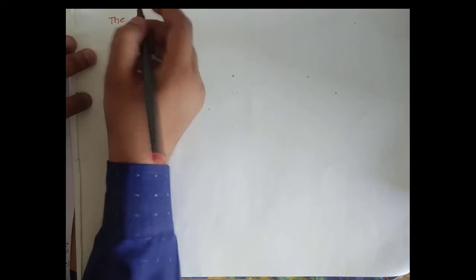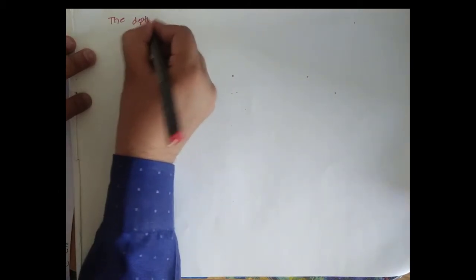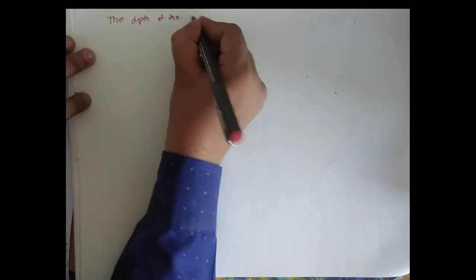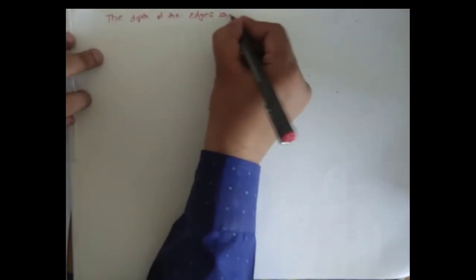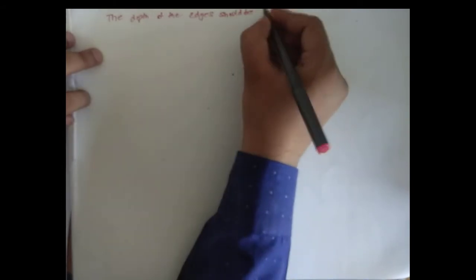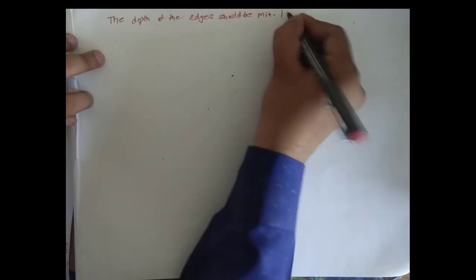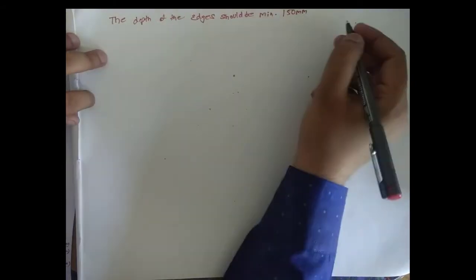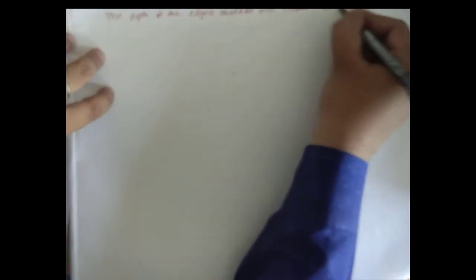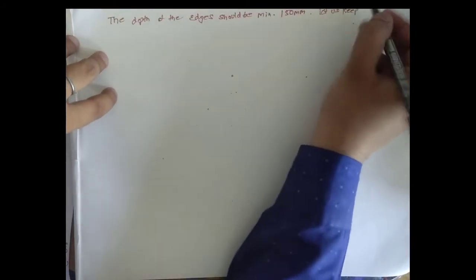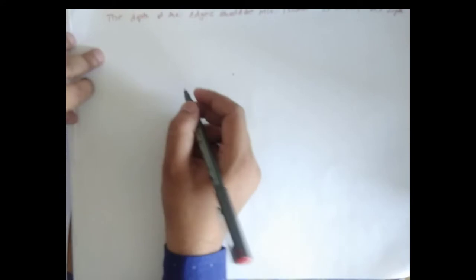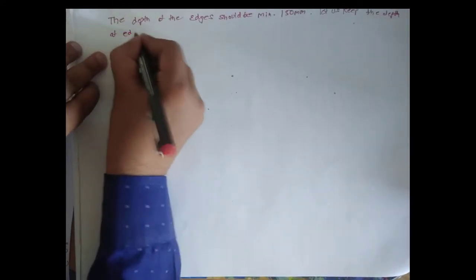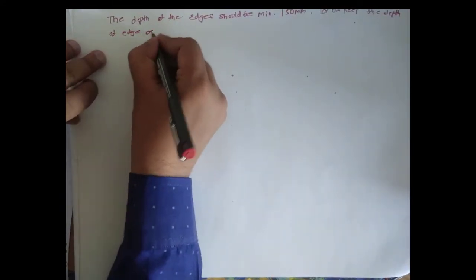After calculating the depth, the depth at the edges should be minimum 150 mm. I'll draw the edge, I'll show you. Let us keep the depth h as 200.